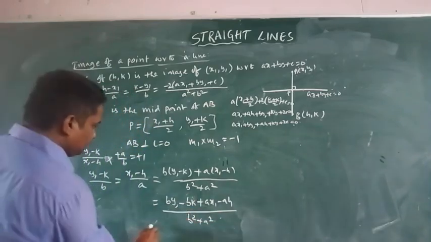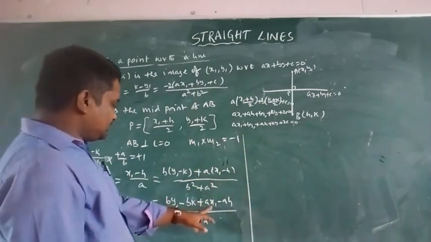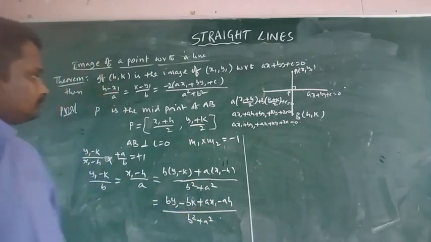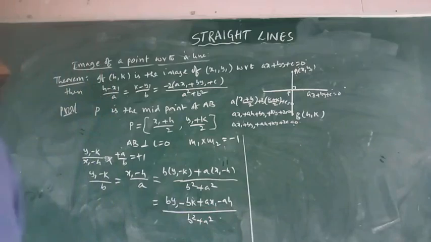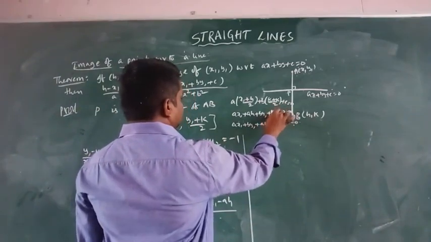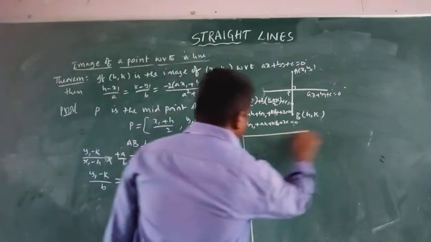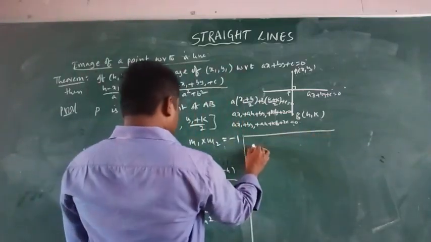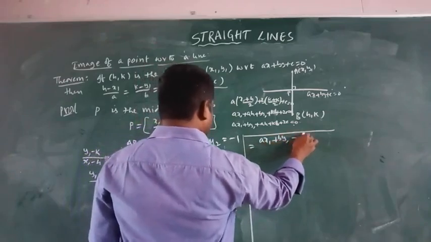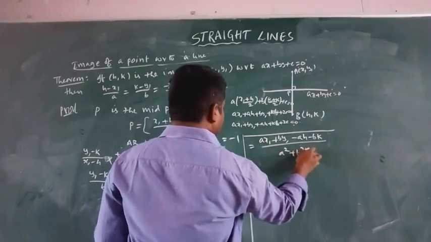So how can we write this one? (ax1 plus by1 minus ah minus bk)/(b square plus a square). So I am writing that as equals (ax1 plus by1 minus ah minus bk)/(a square plus b square).